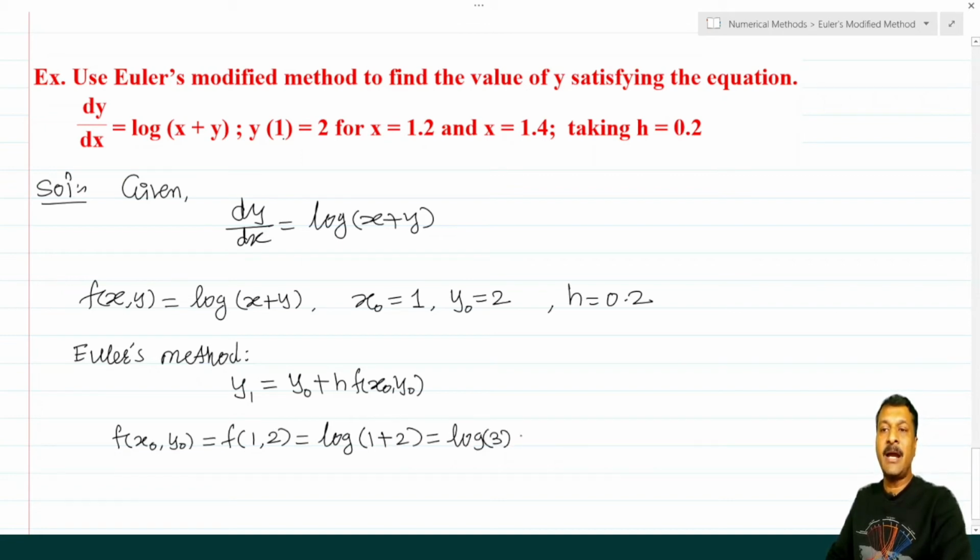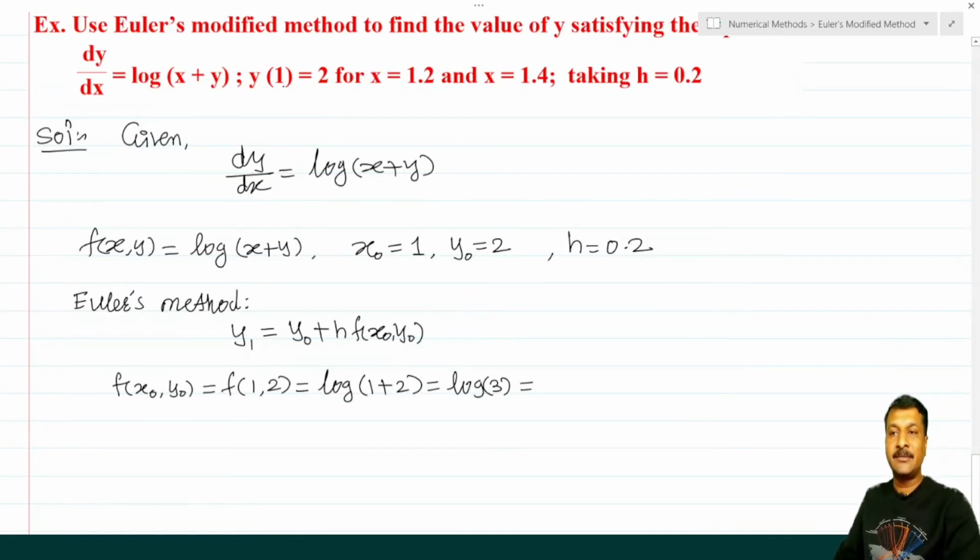Note that by using a calculator I can find this value, and here we have to use natural log. So when we are using the calculator, use ln there. So I am getting this value as 1.099.